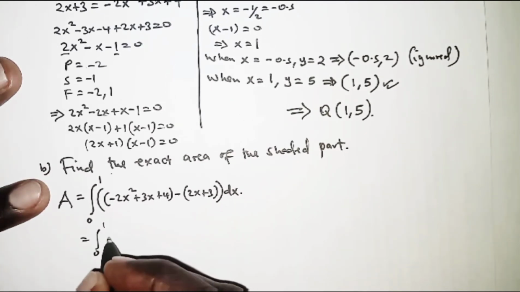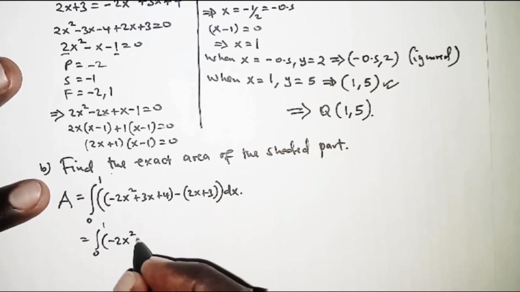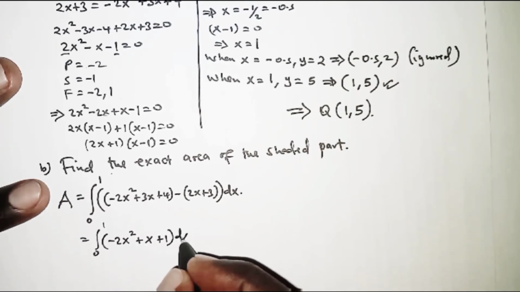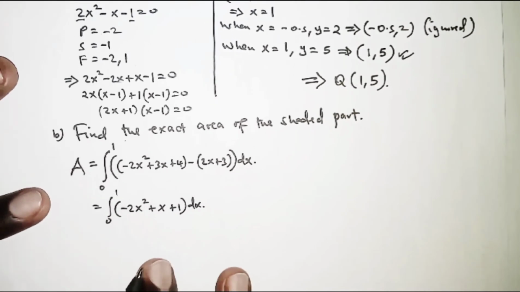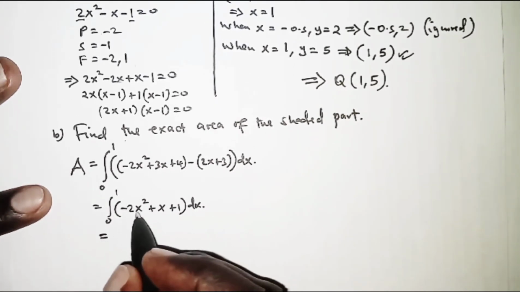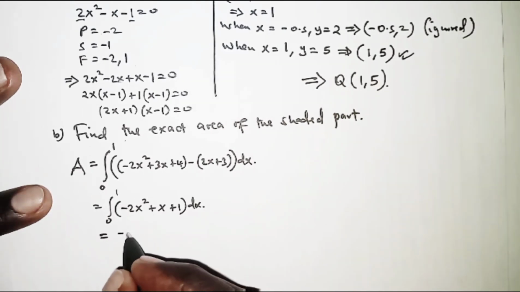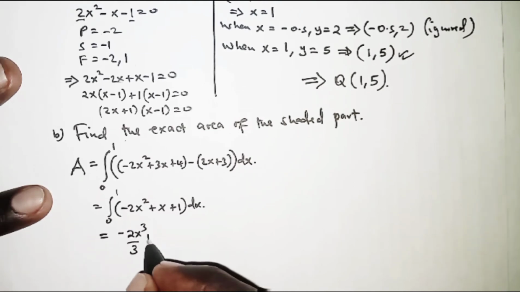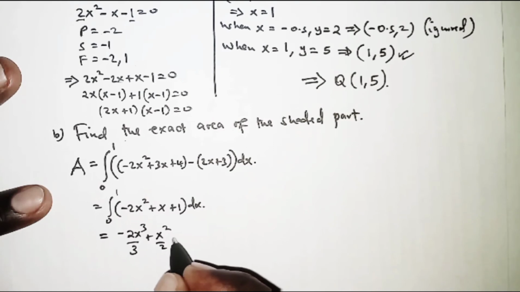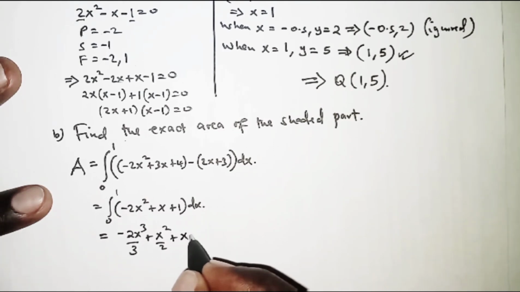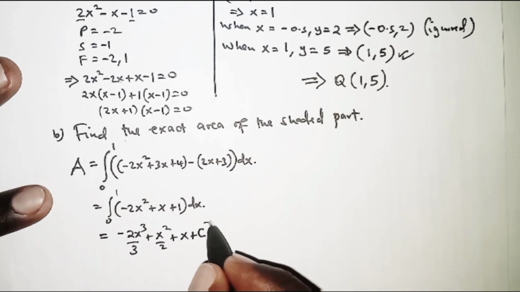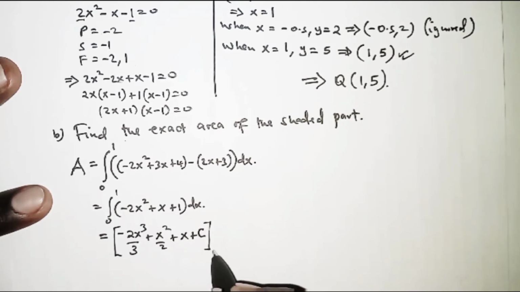This simplified will be negative 2x squared plus x plus 1 dx. Integrating, we have negative 2x cubed over 3 plus x squared over 2 plus x plus the constant c, within the limits 0 to positive 1.